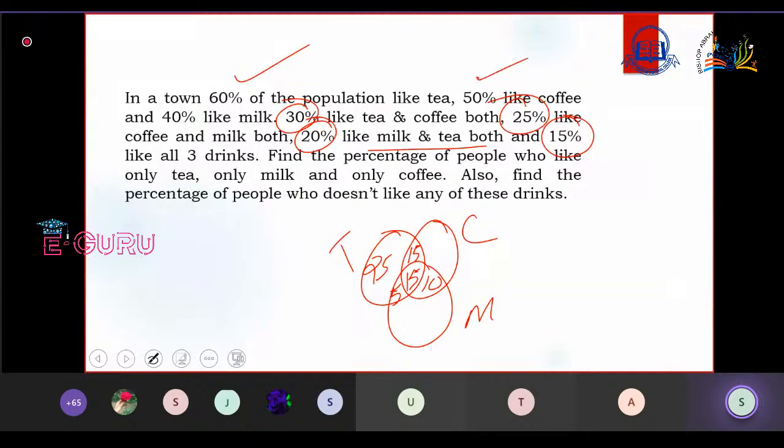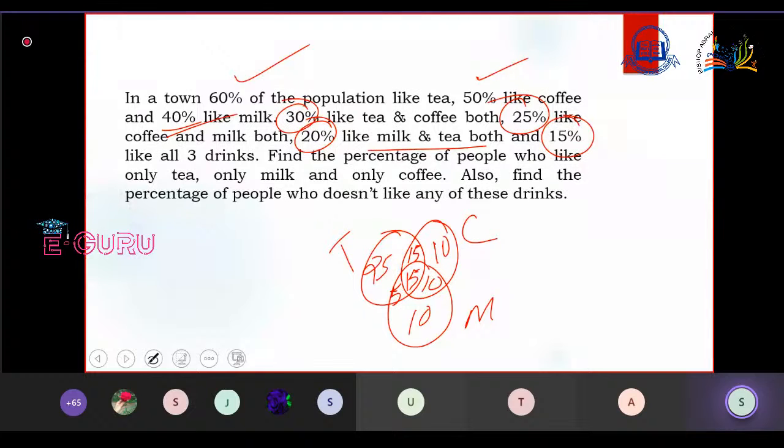And now 50% like coffee. So already 15 plus 15 plus 10, 40% is there, remaining 10 will come here. And again 40% like milk. In the milk category, there is 15 plus 5, 20 plus 10, 30 is already there, remaining 10 will come here. Okay.